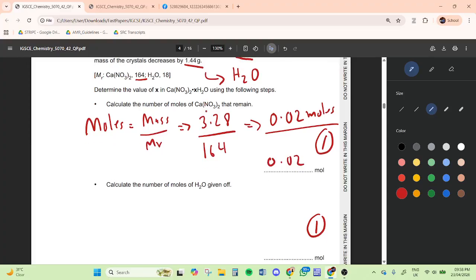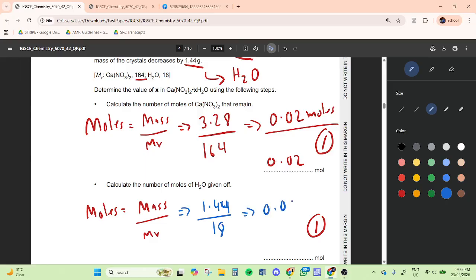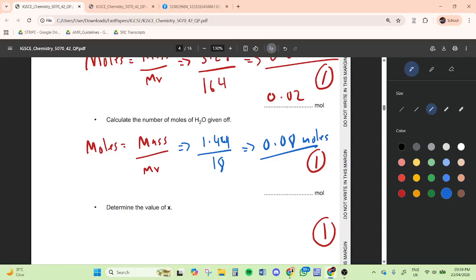Same step as before: moles is equal to mass by Mr. Because it's water, I'm going to use blue. So this is going to be 1.44 divided by, I'm very sorry for my handwriting, 18. That's going to give you 0.08 moles. So that's your second step, that's your second mark that you've gotten.